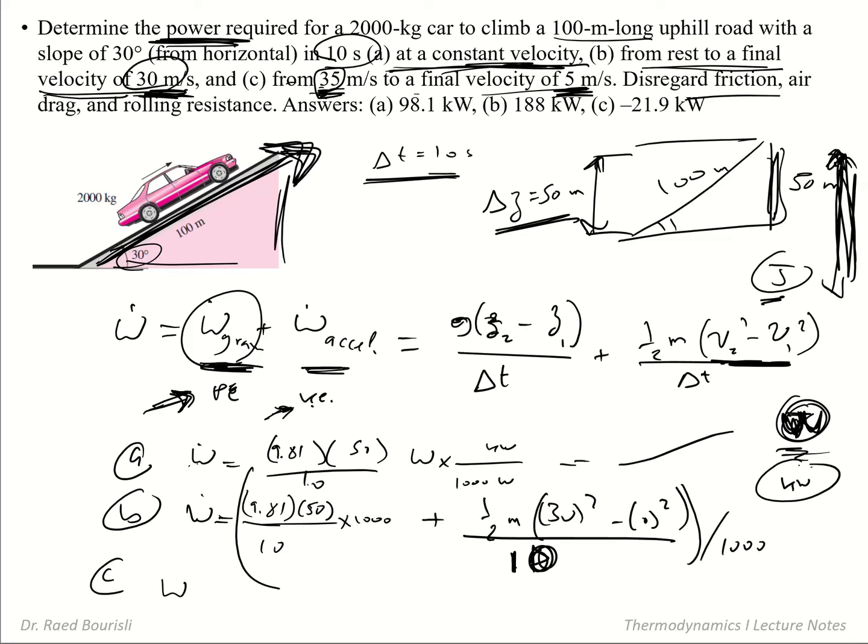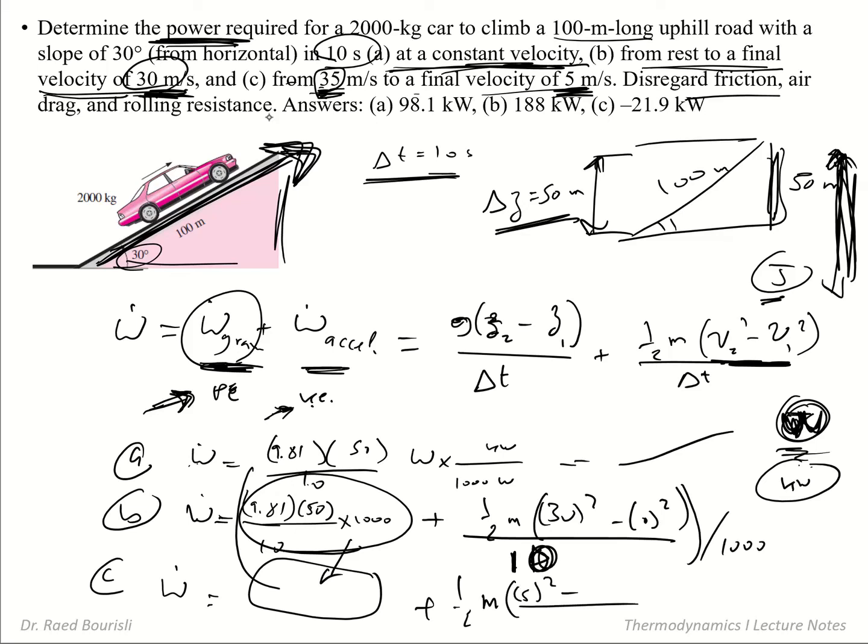So this will be the same thing here. Okay, same guy. However, this will be 1/2 m. The final velocity v2 is 5 squared, and then this is 35 squared, divided by 1000 everything.